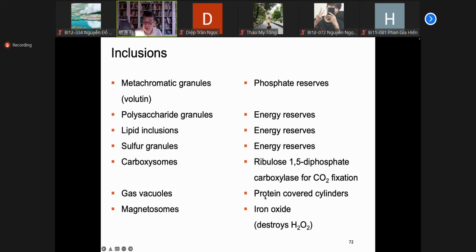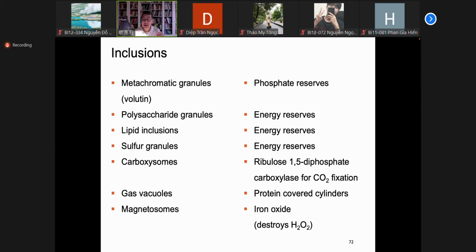A gas vacuole is a vacuole which is able to be filled with air, and the purpose is, in water, we like to go to the top layer to protect itself from being eaten. And so gas vacuole is just like a life jacket. So it can rise to the surface or sink down to the bottom. So it's called a gas vacuole.